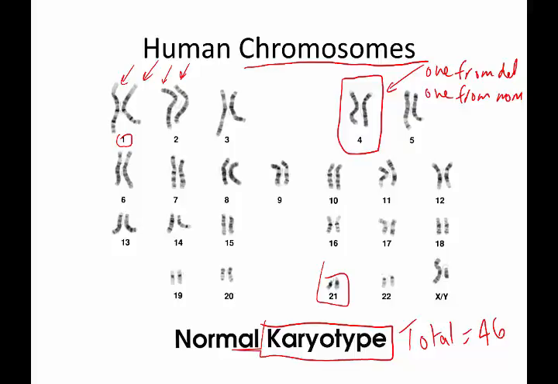So something like Down syndrome, so trisomy 21, that's very easy to diagnose with a karyotype. So if this was a trisomy 21 karyotype, you would notice it would have a third chromosome 21 right here. But in general, humans have 46 chromosomes, 23 from dad and 23 from mom.